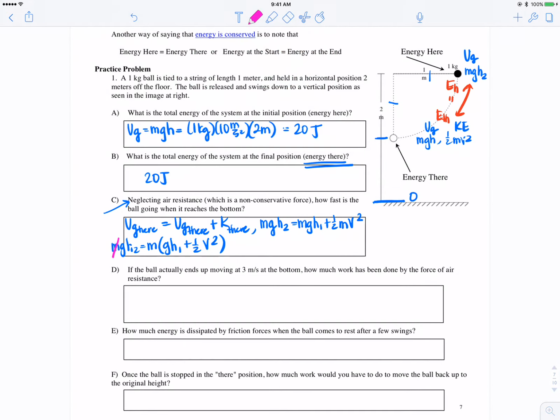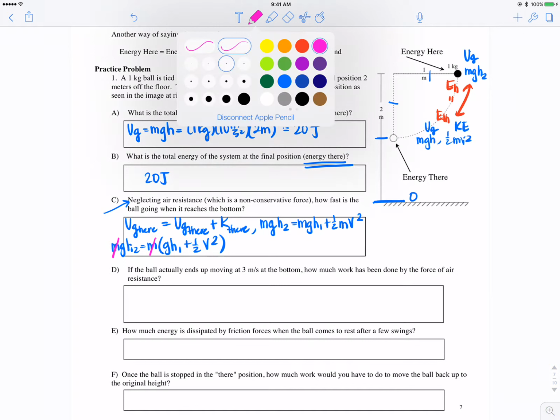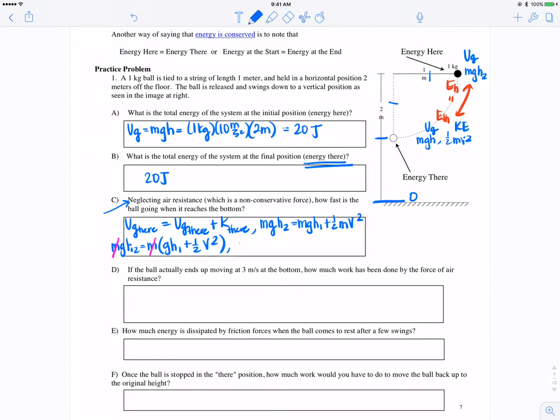So because the masses are being multiplied on both sides, I can simplify even more, and I can say gh2 equals gh1 plus 1/2 v squared, or v squared equals 2 times the quantity, gh2 minus gh1.